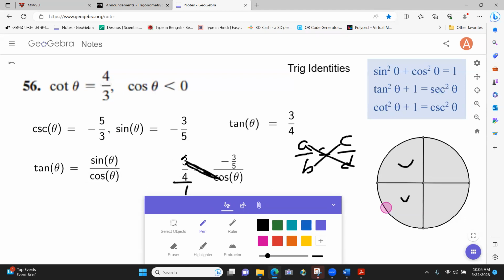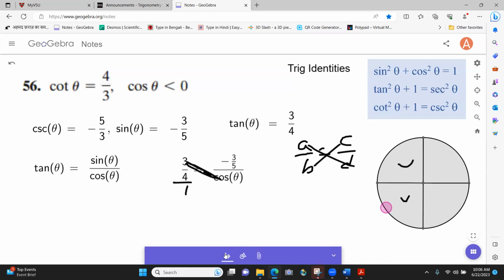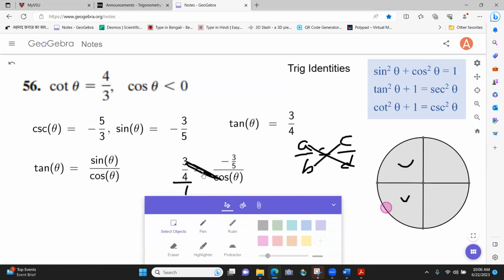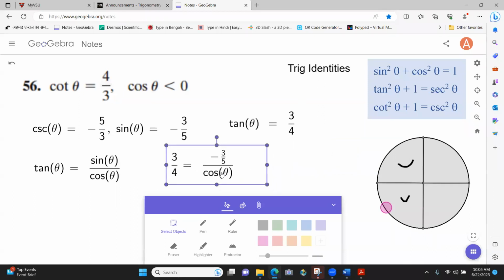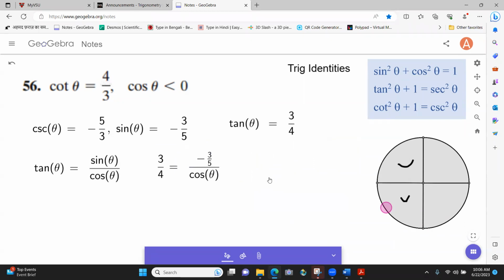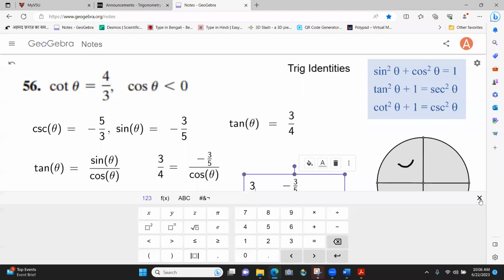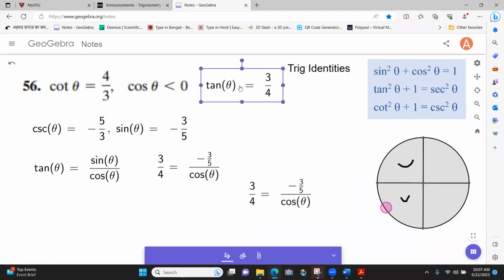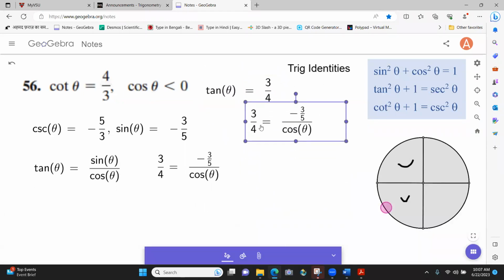So you can swap the top and bottom and swap the top and bottom. So those are acceptable steps called cross multiplication. And your teacher taught you something a little different. Apply it. Your goal is to find the value of cosine theta. And I'm going to claim cosine theta is basically this.